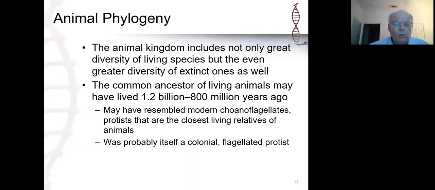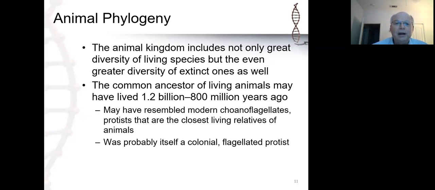So based on molecular clock data, based on best guess and very, very limited fossil evidence, and I mean very limited fossil evidence in the form of microfossils that suggest that you're looking at primitive reproductive structures of animals, we believe that the common ancestor of the animal kingdom as we know it today probably emerged somewhere around 1 billion years ago.